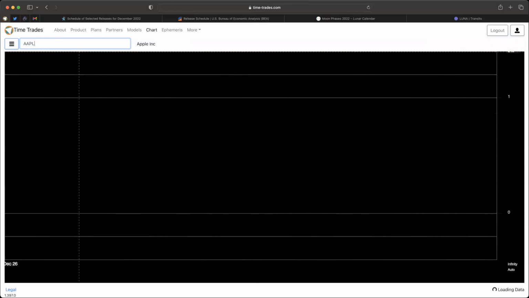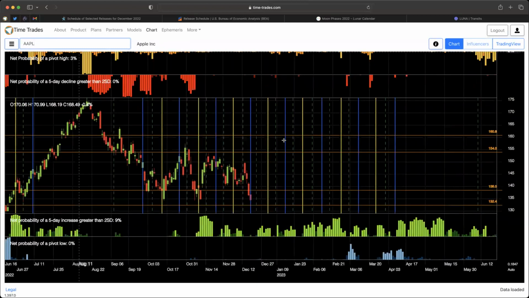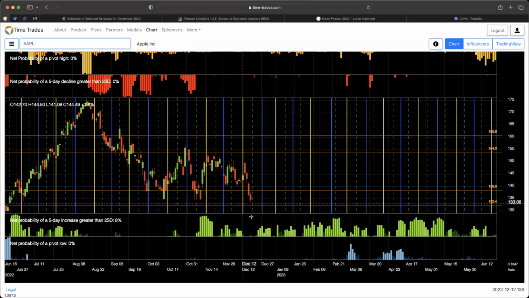Okay, let's take a look at some stocks. Apple. All right, Apple, lots of green here on the forecast. But then again, we do need to make sure that we incorporate price into our analysis. Sentiment's very bearish. Breadth is very bearish on the market overall. And it's also very easy for these positive probabilities to invert and turn into probabilities of down days.